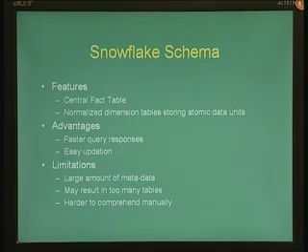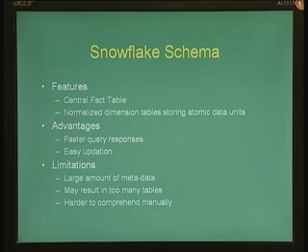So the features of a snowflake schema are detailed here. There is always a central fact table as in the star schema. However, rather than dimension tables storing denormalized or unnormalized data, it is actually normalized data that is stored in the dimension tables.